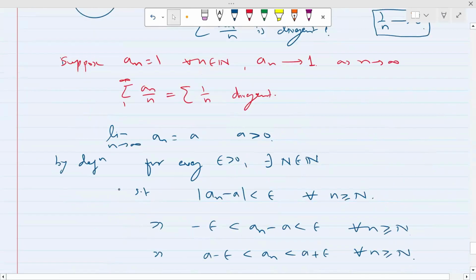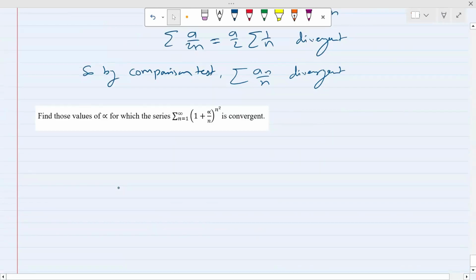Now try out this. We want to find those values of alpha for which it is actually convergent.